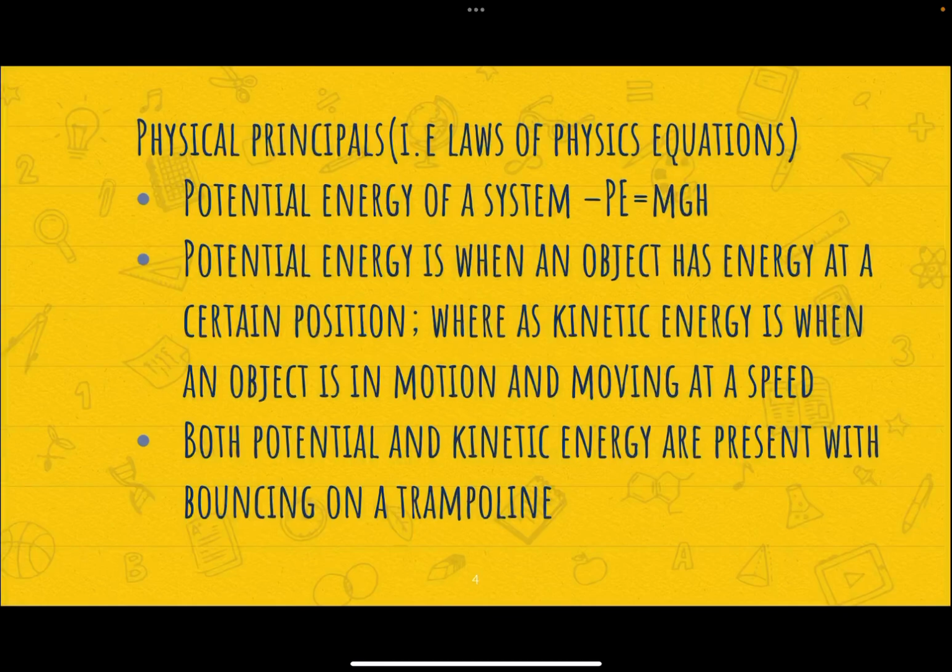And let's say that ball falls down into a bucket, the potential energy that the ball did have is being converted as the ball is falling down into the bucket, right? So the potential energy is converting to kinetic energy as it's falling.